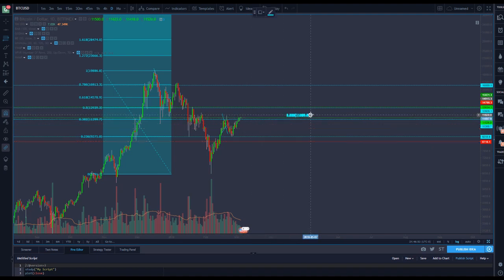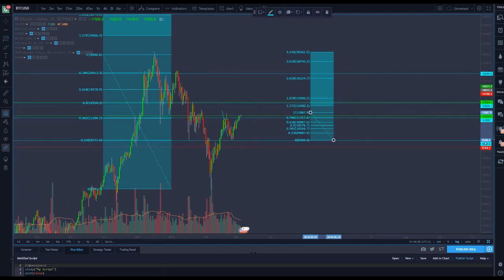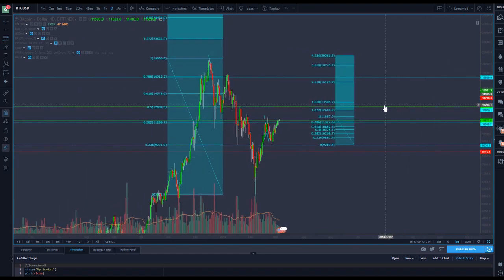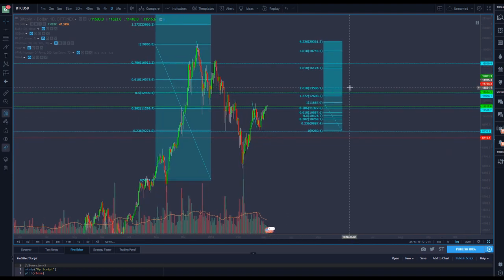So I just like to go right here and pull it back down here. When I drew that out, it gives you these potential price resistance lines as this moves up, and usually a conservative one is the 1.618 fib line, and that's right there.